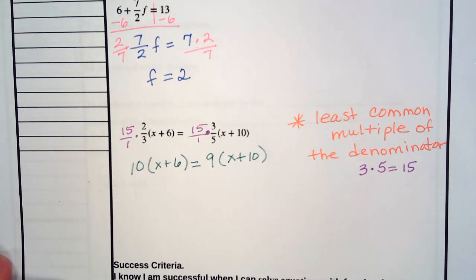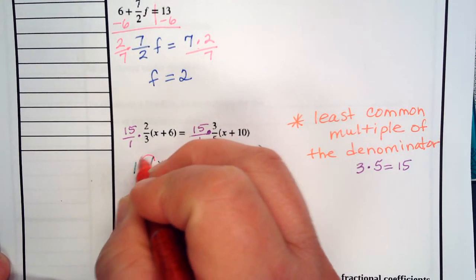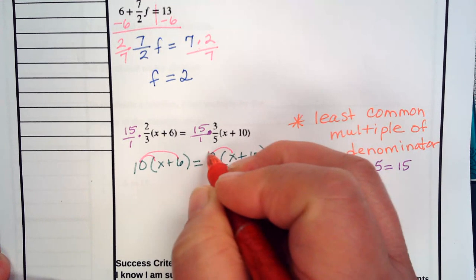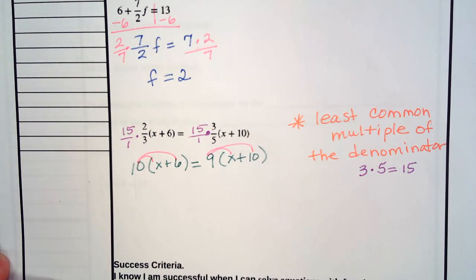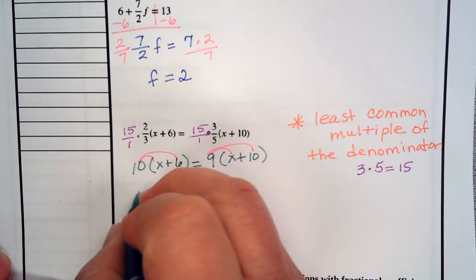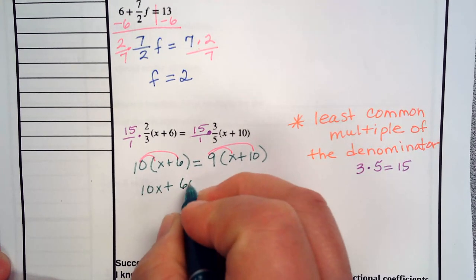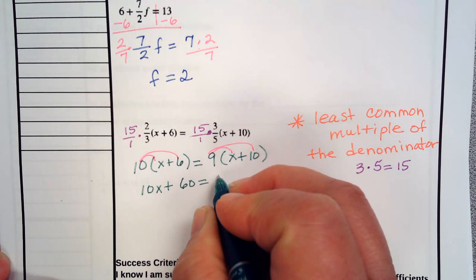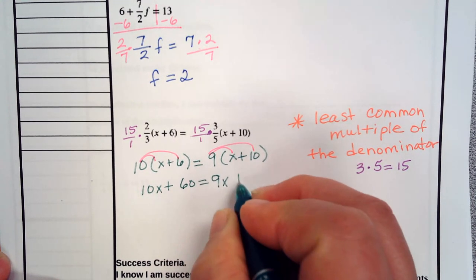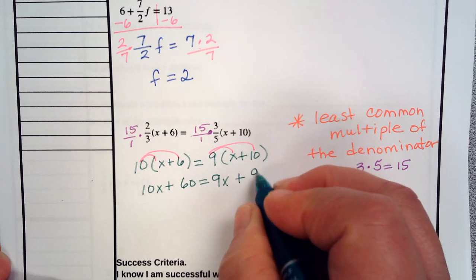Okay, now we'll solve just the way we always have if we need to do distribution. So 10 times x is 10x, plus 10 times 6 is 60, is equal to 9 times x is 9x, plus 9 times 10 is 90.